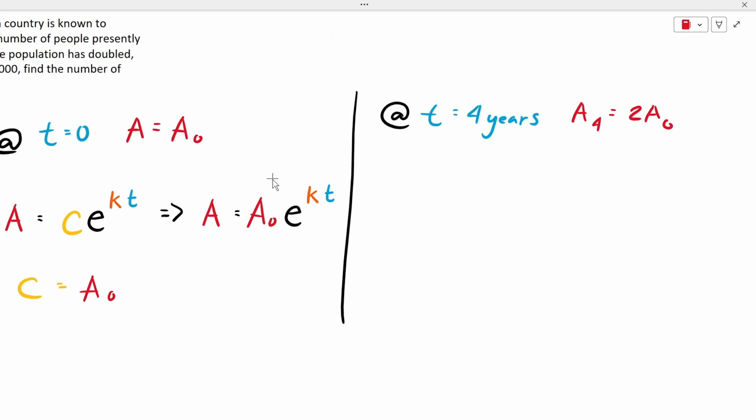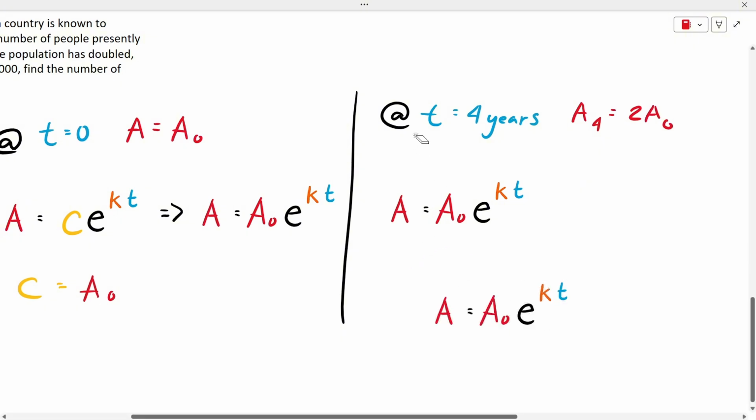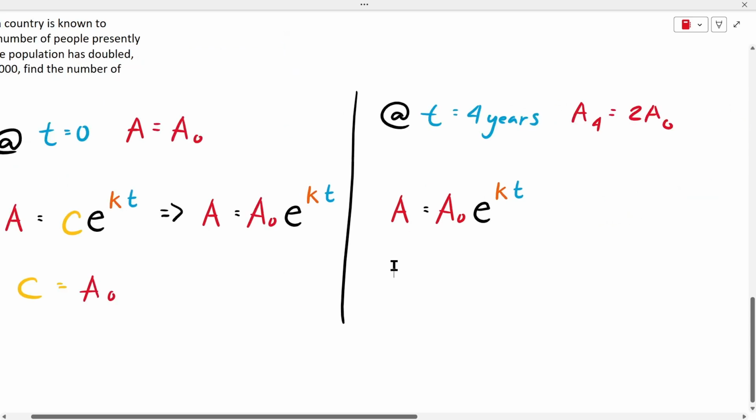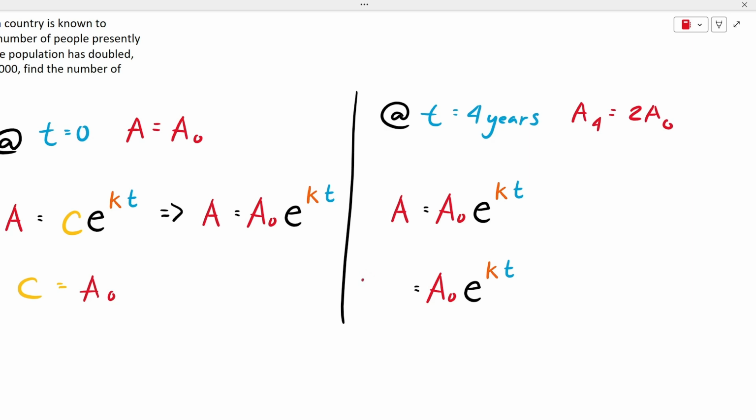Using this equation, this A will become A sub 4, and that A sub 4 is 2 A sub 0.